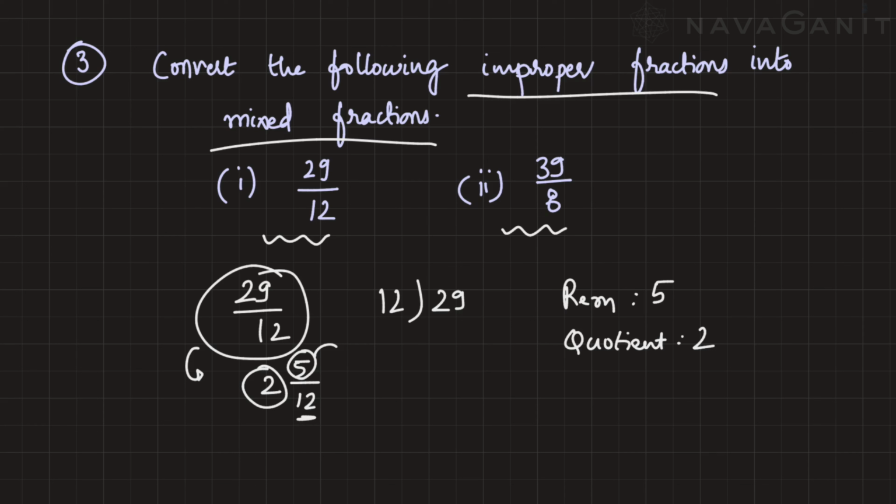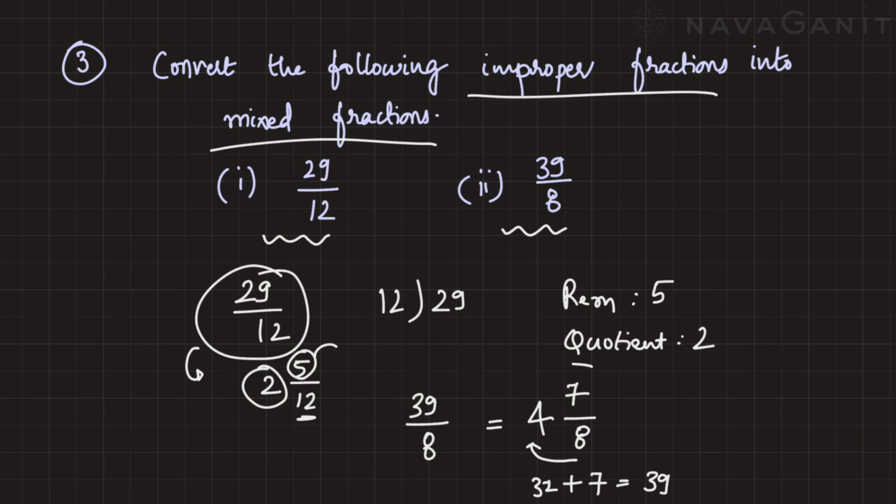So similarly 39 by 8. In this case the quotient is 4 and the remainder is 7. So this is 4 7 by 8, because 4 multiplied by 8 is 32 and 32 plus 7 is 39. So this way we can even cross check.